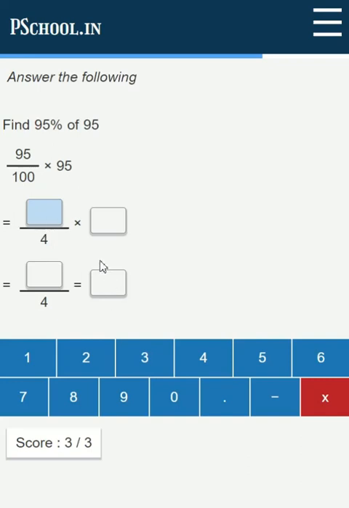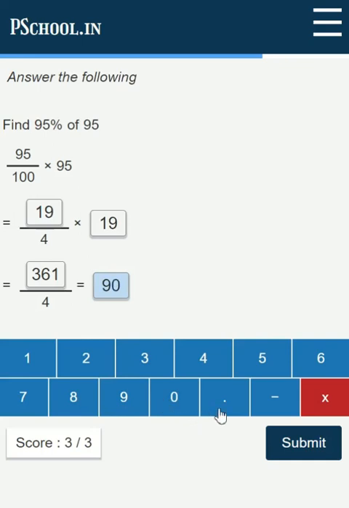So we can get 19 and 19. So we have removed a factor of 5 in both the 95s. So denominator will become 4 because 5 into 5 is 25. 100 divided by 25 is 4. So if we multiply 19 into 19, we get 361. So if we divide this by 4, we get 90.25.